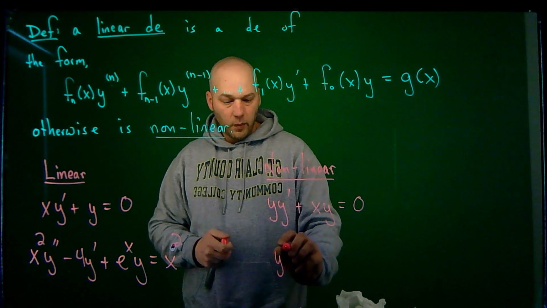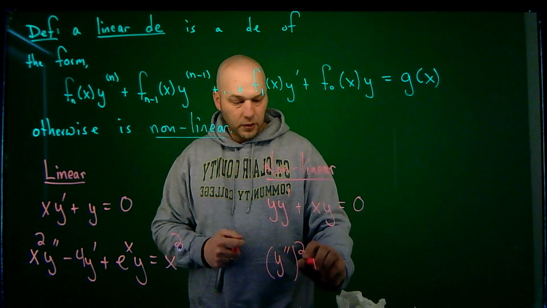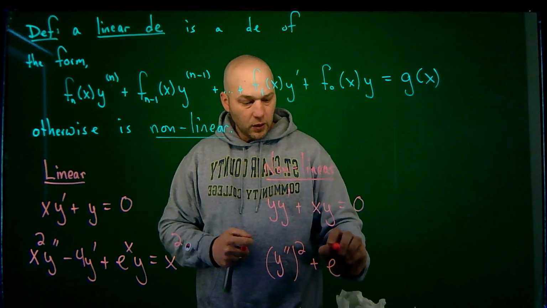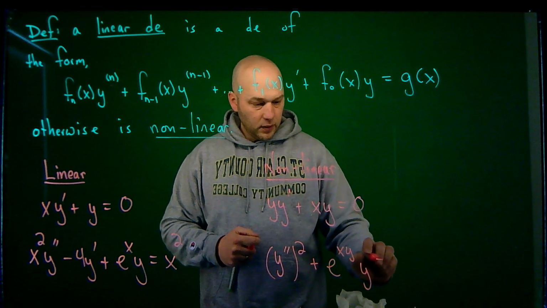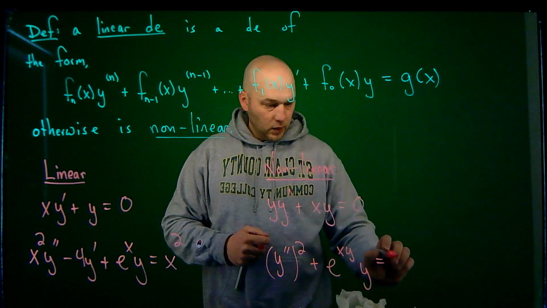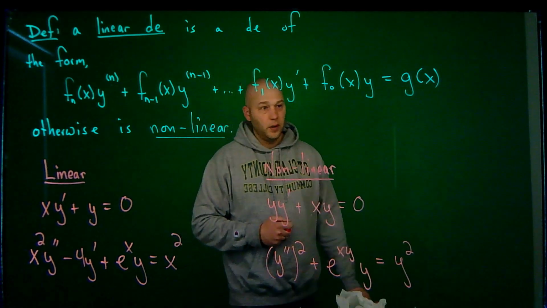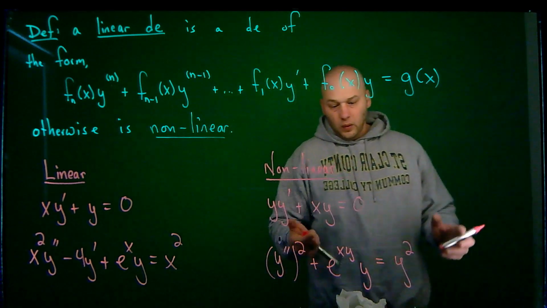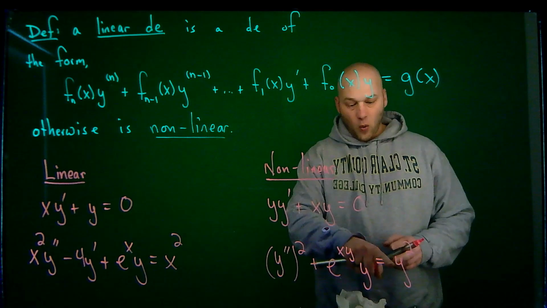Here's another nonlinear differential equation. Y double prime squared plus e to the xy y is equal to y squared. Right? Well, what makes this nonlinear, there's multiple things here. I've got y to a power.